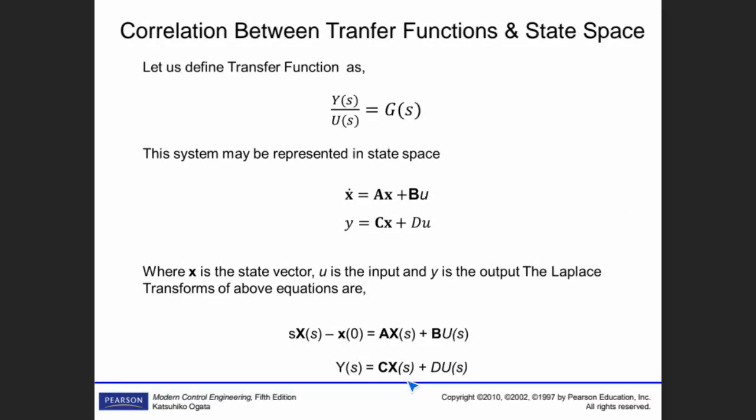If you write those equations in that manner, if you have an initial value, s times X(s) minus x0 is equal to A X(s) plus B U(s). As we come back from time domain to s domain, Y(s) is equal to C X(s) plus D U(s).